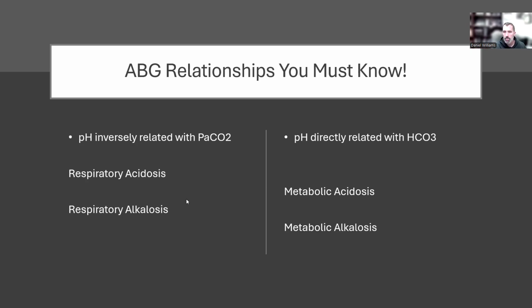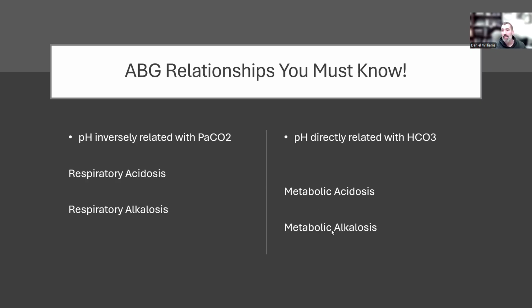Must remember those relationships. With bicarb, pH varies directly with your bicarb. So if bicarb goes up, it will take pH up with it. If bicarb goes down, it will take pH down with it. So if you have a metabolic acidosis, bicarb has gone down, your pH has gone down with it.